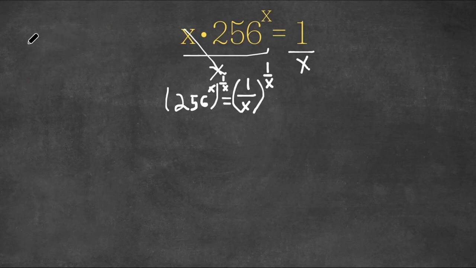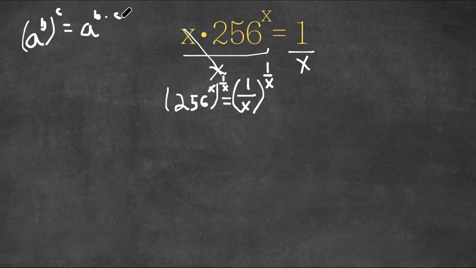Now remember, if you have a to the power of b to the power of c, this is the same thing as a to the power of b times c.